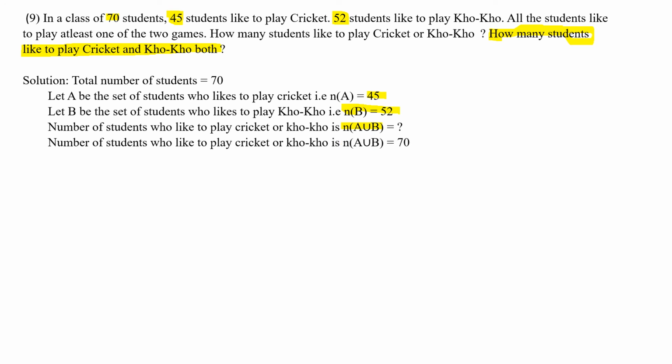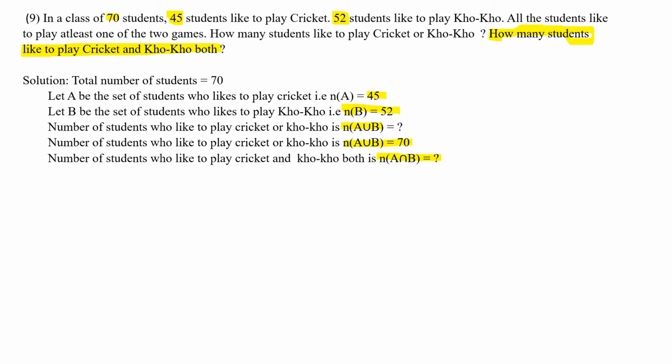So the number of students who like to play cricket or kho is equal to 70. That is n of A union B equal to 70. Now I've given one more question: how many students like to play cricket and kho both? It means we have to find n of A intersection B.